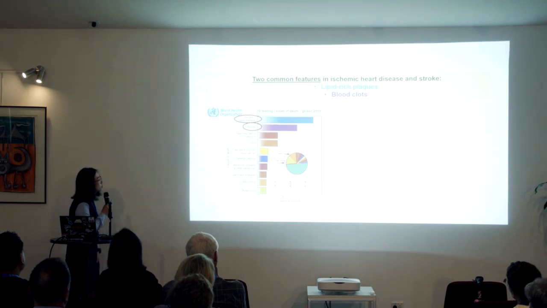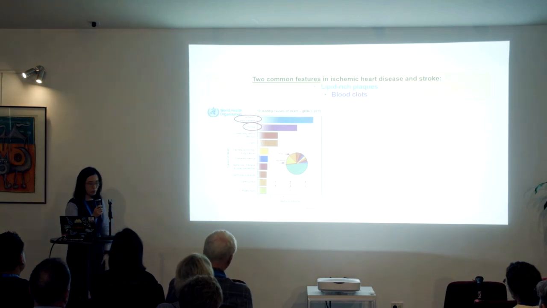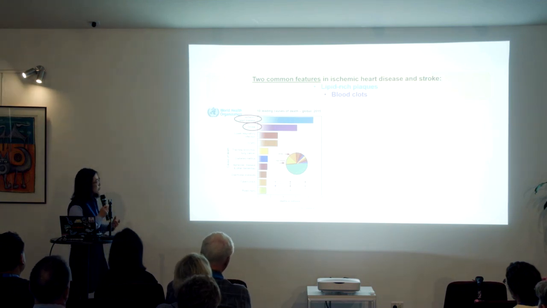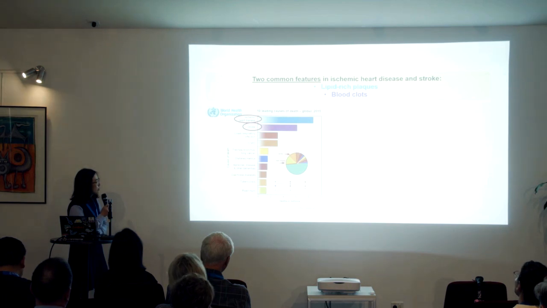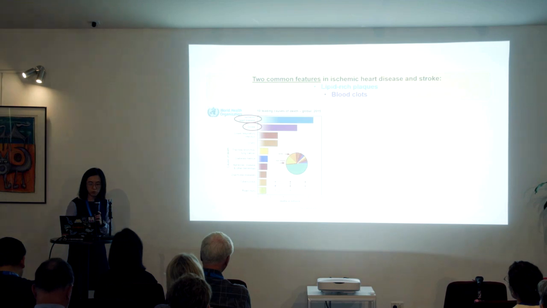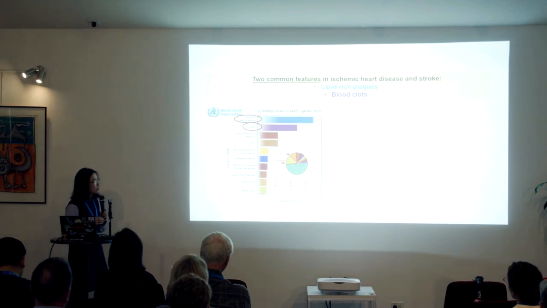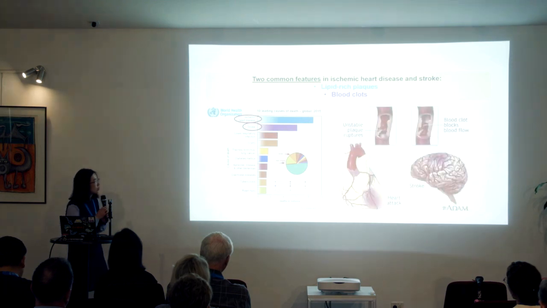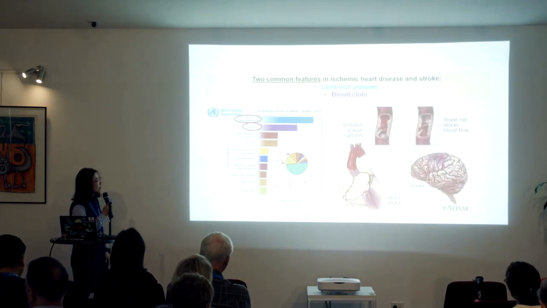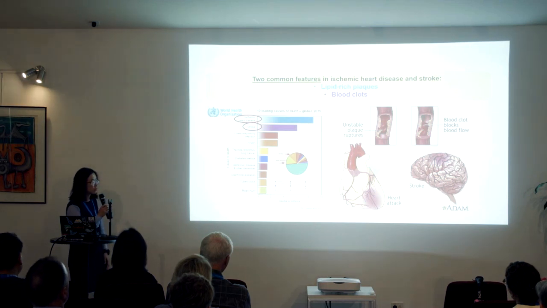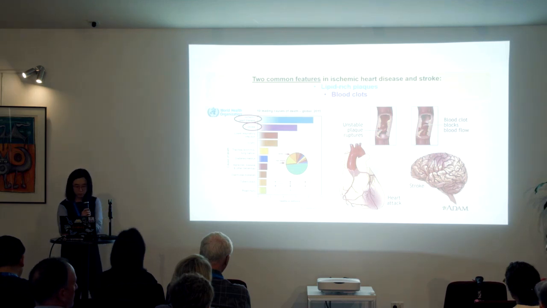Then we wanted to think about the larger picture for this study. We all know that ischemic heart disease and stroke are the leading cause of death and account for a quarter of deaths globally. But if we look at the pathology of those two diseases, they share two common features: they both can be initiated by the accumulation of lipid-rich plaque on the arterial wall, and they both can be triggered by the formation of a blood clot.